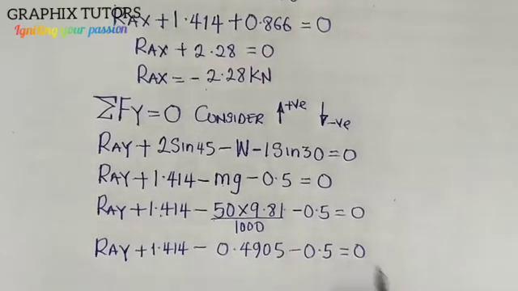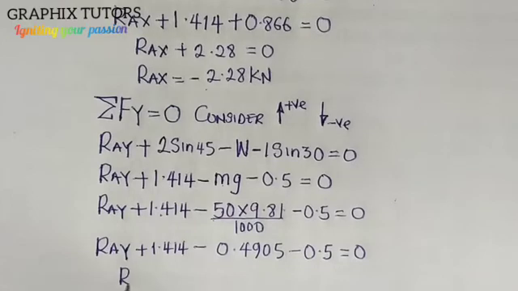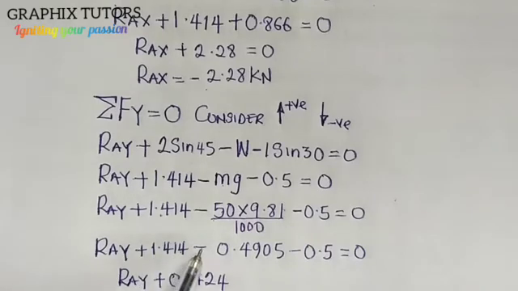Right? So if you do all your estimation here, we'll be having RAY plus 0.424. That means 1.414 minus 0.4905 minus 0.5 will give us plus 0.424 equals to what?